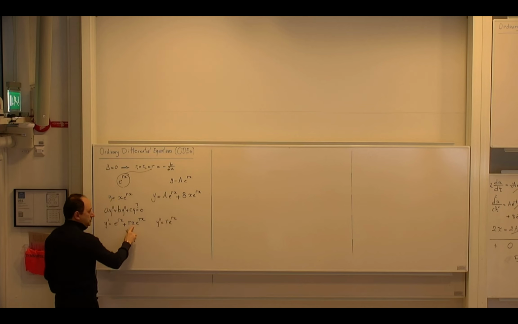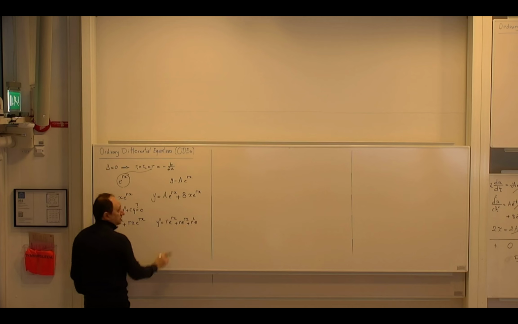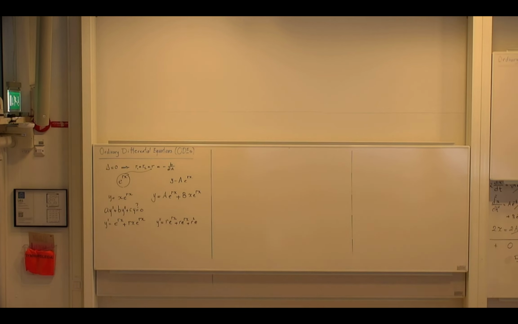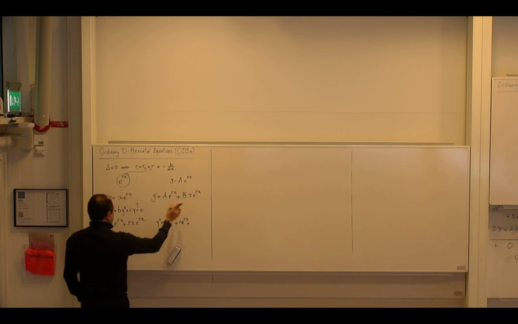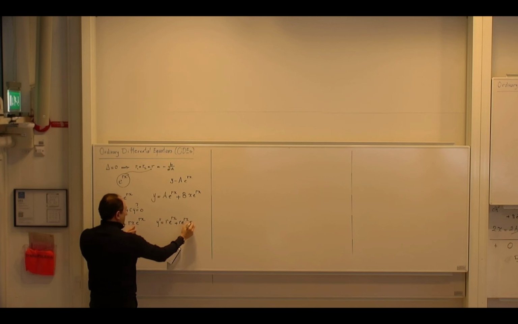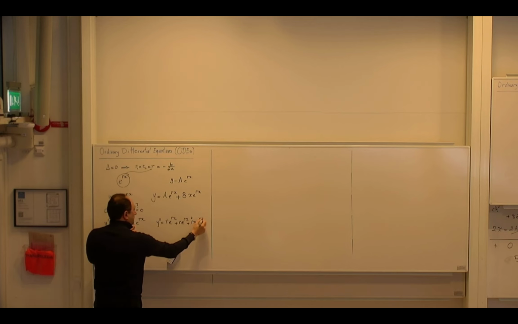This one is a product rule, so it becomes r e to power rx plus r squared x e to power rx. So you see, this is a product rule, so it becomes the derivative of x, which is 1, times the second one, plus rx multiplied by the derivative of this one, which brings another r here. Is that right?